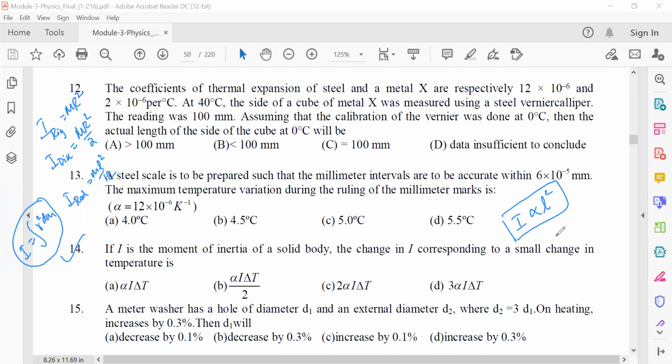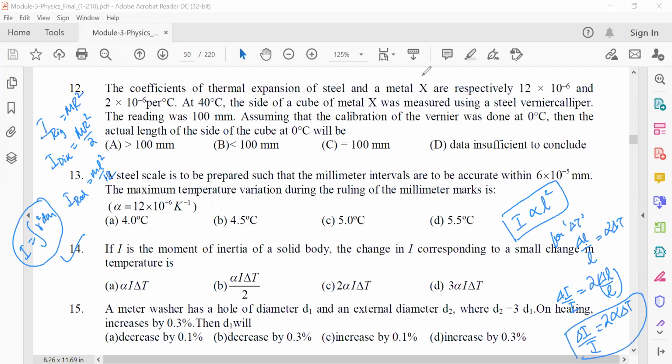Now you can see that for a delta t change in temperature, the fractional change in length is alpha delta t. So the fractional change in moment of inertia will become 2 times the fractional change in length, so it will become 2 times alpha delta t. This is very similar to the logic we had seen for the time period of a pendulum.